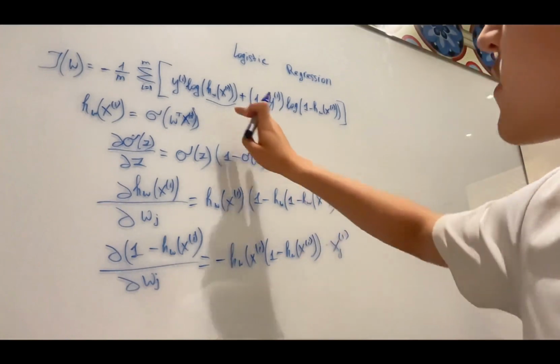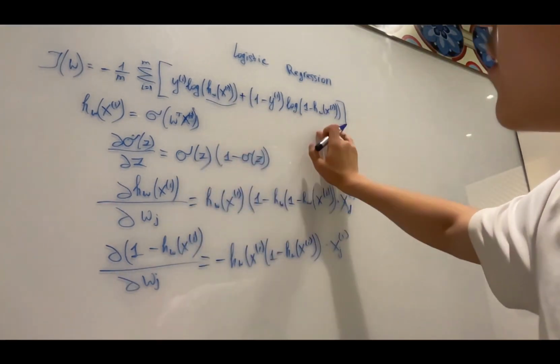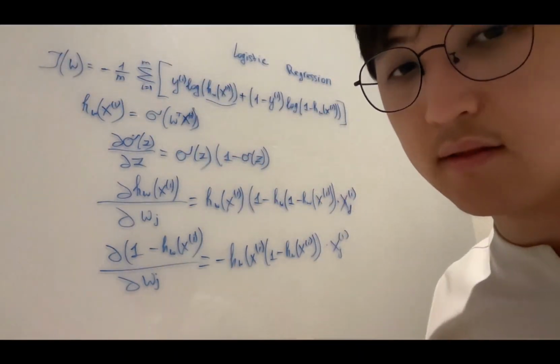So we apply this one here and this one here, and we find the derivative of the total.